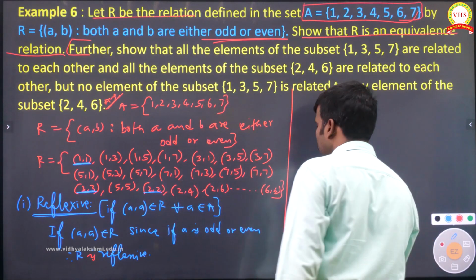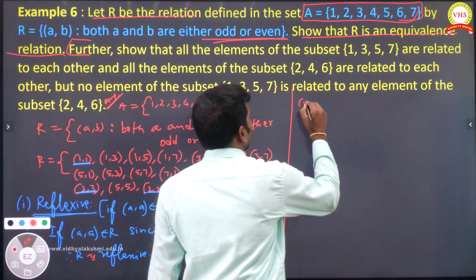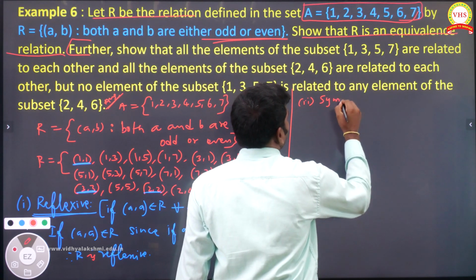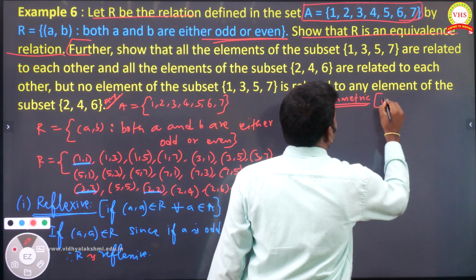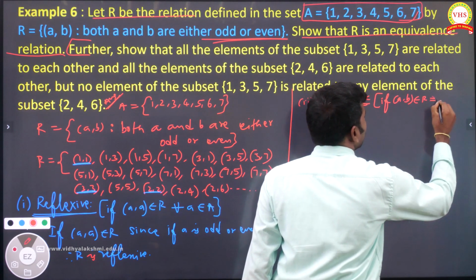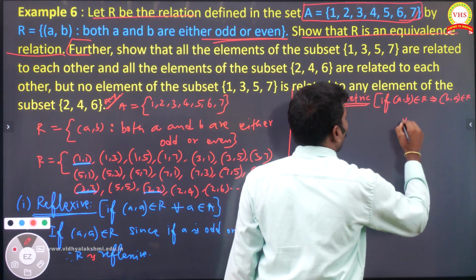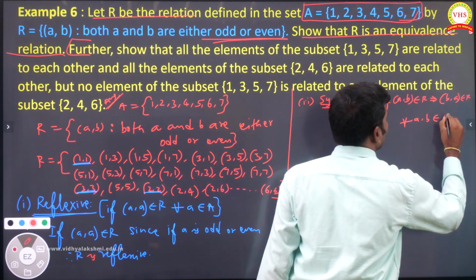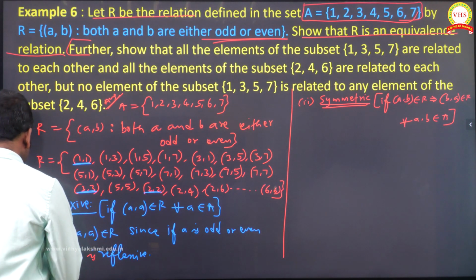Second, I am going to check symmetric. The symmetric condition is: if (a, b) belongs to R, the reverse portion (b, a) should also belong to R, for all a, b belongs to A. That's it, this condition should be satisfied.